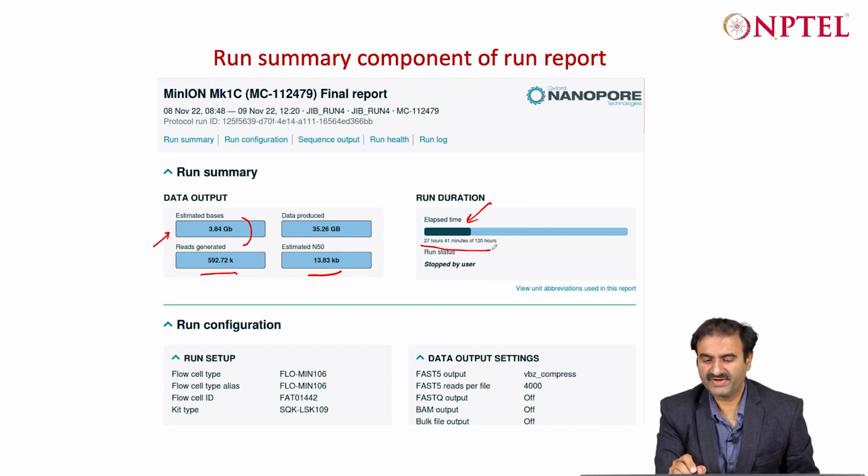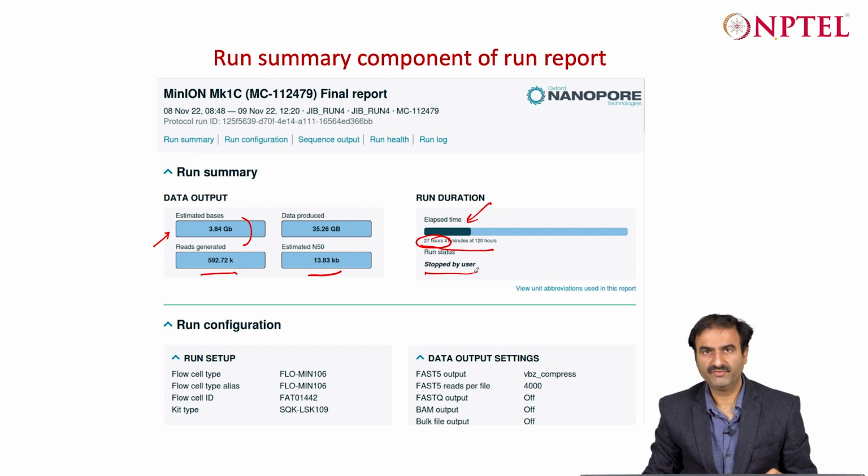The run was set up for 120 hours, but the user stopped the run at 27 hours 41 minutes. Okay, run stopped by the user, which you can always do if you think that you have got sufficient data, or it is not going well, or suddenly the number of pores is decreasing, or anything that is unwanted. So you can stop the run, wash it and reuse the flow cell later, right?